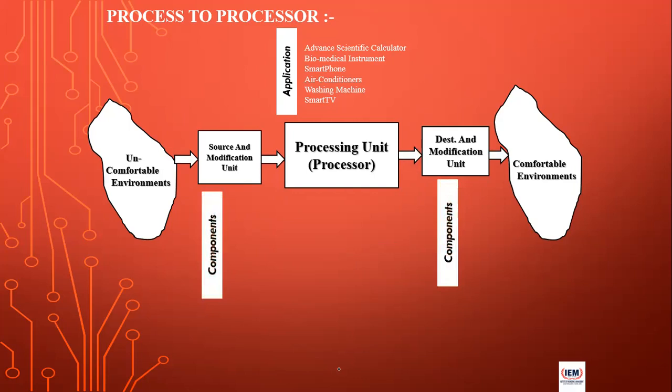Usually we say the components present in this source modification unit and destination modification unit are sensor, A to D converter, amplifier. This is the minimum component required. Depending on the application, we modify this part. That's why I have written source modification unit, destination modification unit. In the destination part, D to A, actuator, machine like a compressor, some display unit you can use.